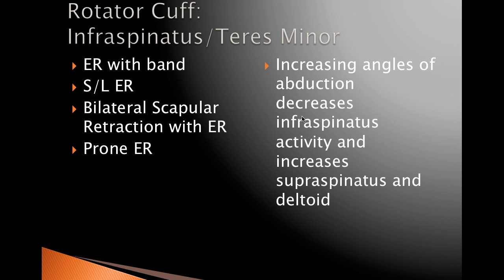The more you do that, you decrease the activity in the infraspinatus and increase the activity in the supraspinatus and deltoid. So think about what you're using it for and what type of pathology the patient has. If they have supraspinatus tendonitis, or have had a repair of the supraspinatus, you might not want to work in so much abduction at first. You might want to keep them closer by their side.